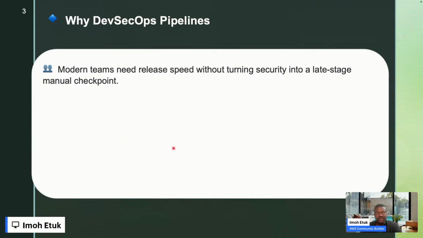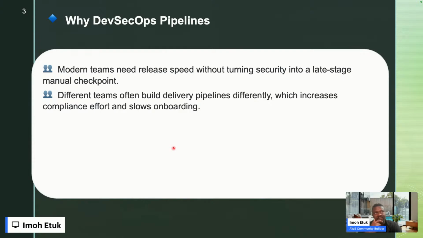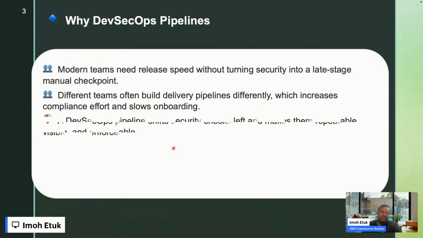Different teams often build delivery pipelines differently, which increases compliance effort and slows onboarding. The DevSecOps pipeline shifts security left and makes it repeatable, visible, and enforceable along the line. So these are majorly what this does.